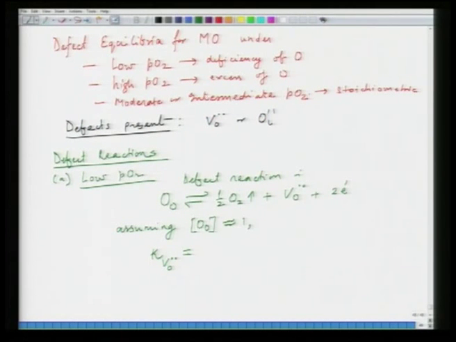KVO would be PO2 to the power half multiplied by VO dot dot multiplied by Ne square. I am not replacing Ne here, I am just writing the whole expression. So, this is the first expression that you get.